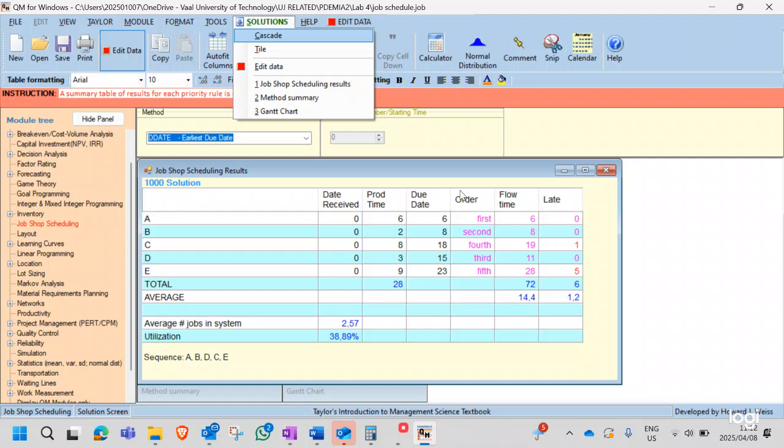Oh, they're not according to sequence, okay, which is why it becomes 72. That's what happened to your 68. Why are you getting 68 and I'm getting 72 here?